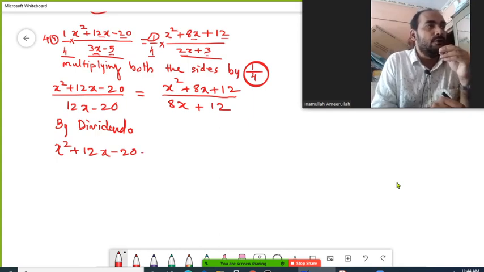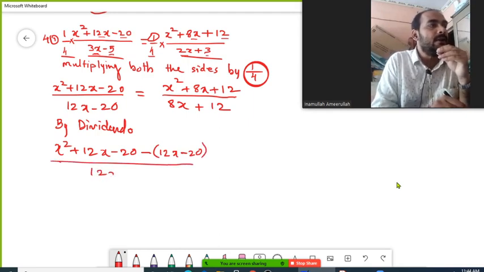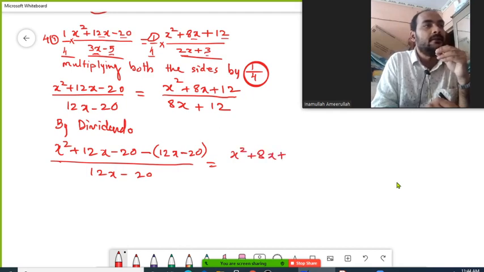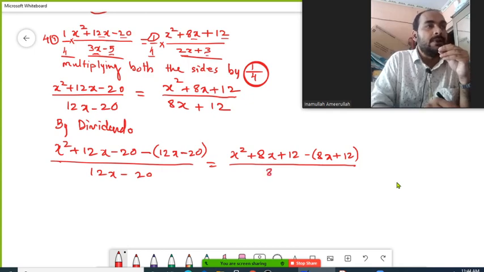And we are going to subtract the denominator, that is 12x minus 20, and keeping the denominator the same, that is 12x minus 20, is equal to, on the other side we will do dividendo of x square plus 8x plus 12 minus, because we are doing dividendo, we will subtract the denominator 8x plus 12 and keep the denominator the same as 8x plus 12.